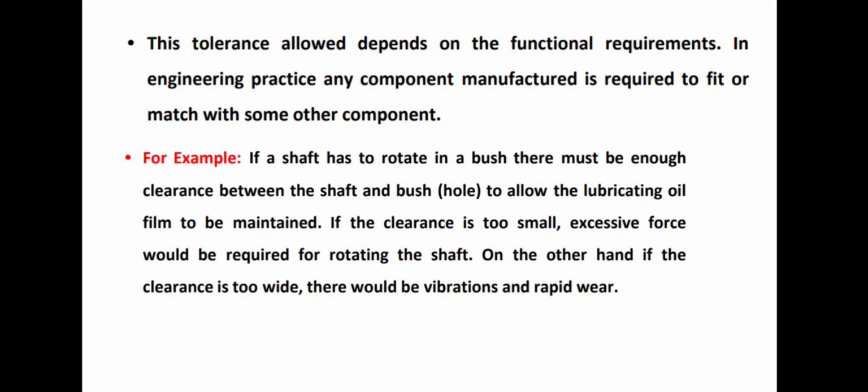There must be enough clearance between the shaft and bush to allow the lubricating oil film to be maintained. If you pour the oil, the oil has to spread over the shaft, then only it will work properly. If excess heat is there, it will reduce. If there is any friction due to the oil, it will reduce.